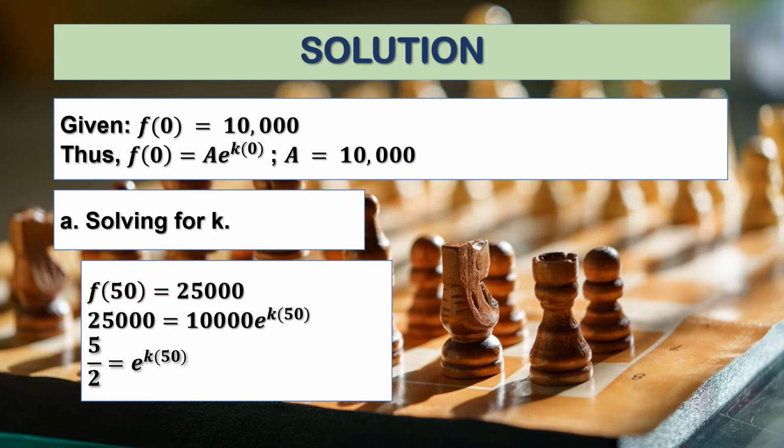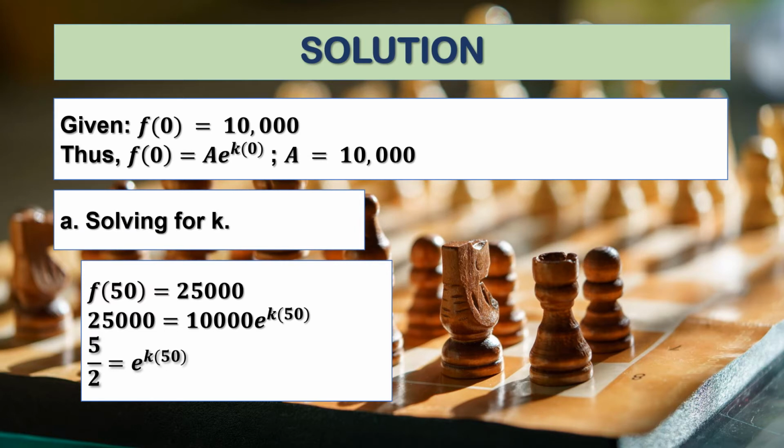So 25,000 is equal to 10,000 multiplied by e raised to k times 50. By dividing 25,000 by 10,000, we have 5 over 2 is equal to e raised to 50k.